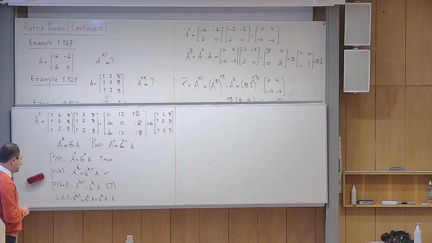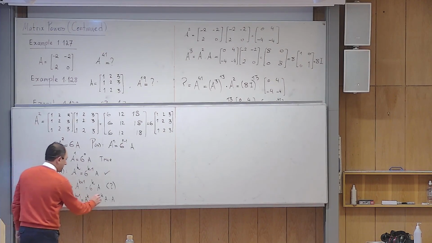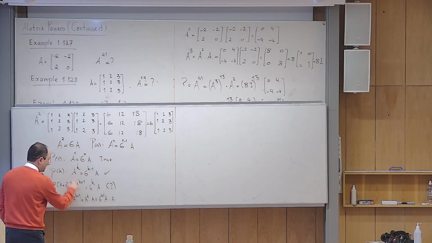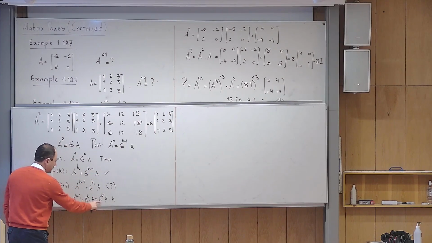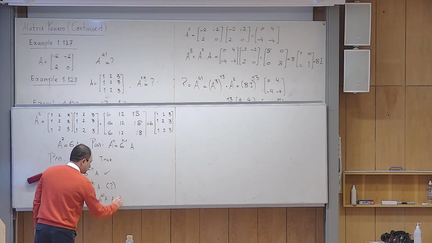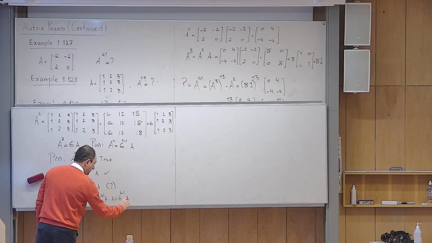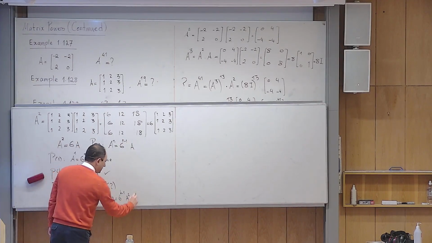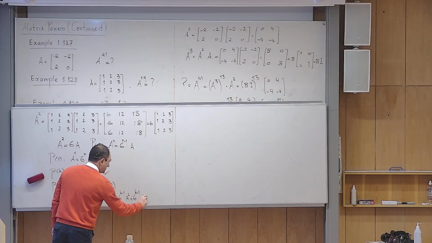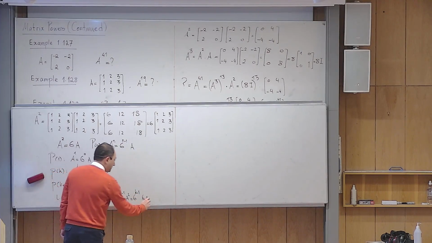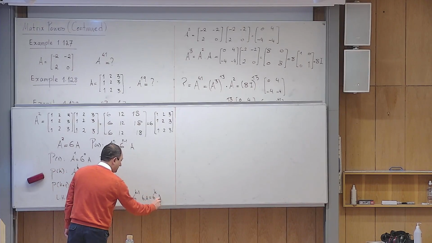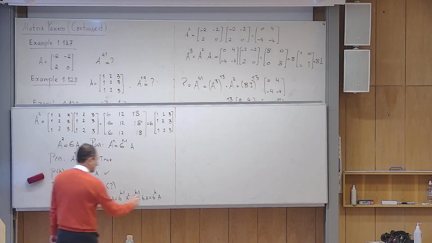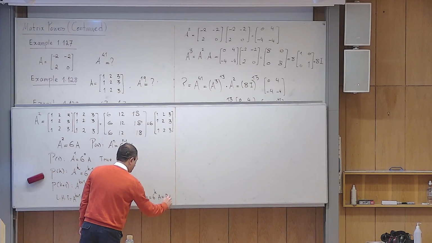That becomes 6 to power k minus 1 times a squared, but a squared itself is 6 times a, so this becomes 6 to power k minus 1 times 6 times a, and then this becomes 6 to power k times a. So this becomes the right-hand side.